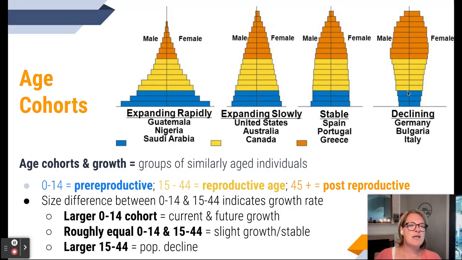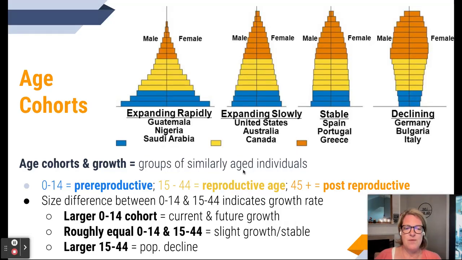And then a declining population is when the top of the pyramid is actually wider than the bottom of the pyramid. Examples of countries in this situation would be Germany, Bulgaria, Italy. Germany's really concerned about their declining birth rate.